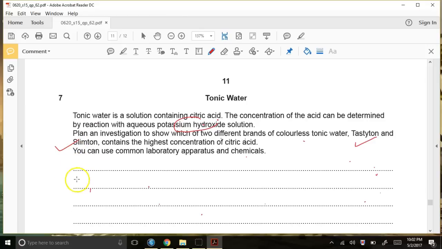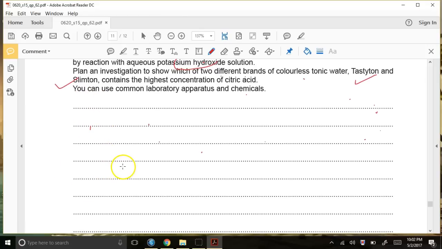So my first point could be: I'm going to add, let's say, 50 cm cube of the first sample, Tastyton.